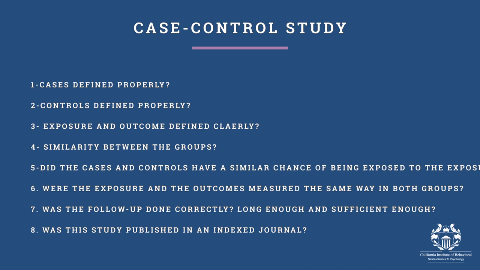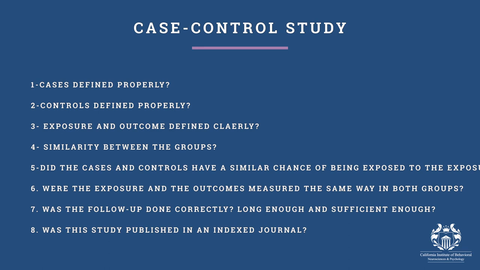Were there similarities between the groups? What if they are not comparable at all? Just like the previous study, right? Did the cases and controls have a similar chance of being exposed to the exposure of interest? Yes or no?